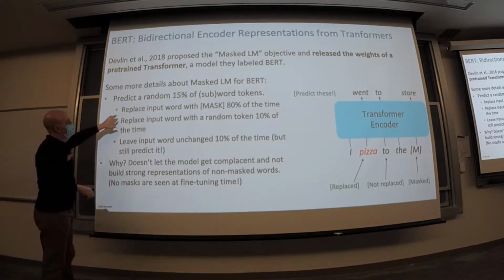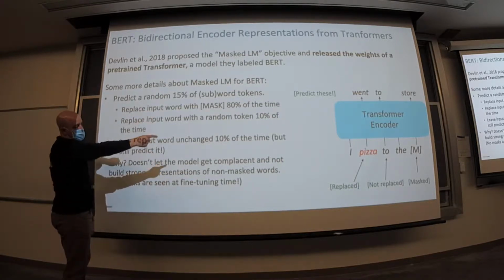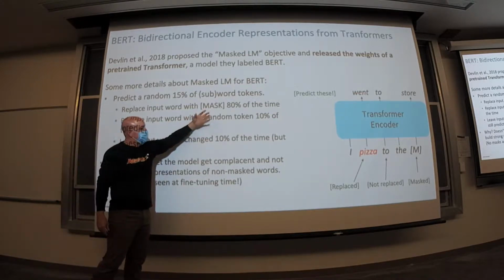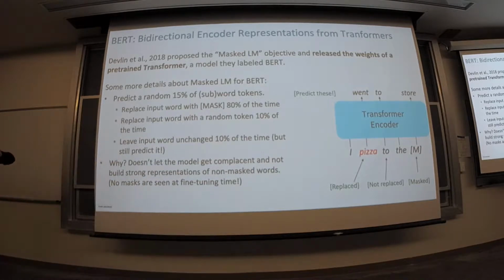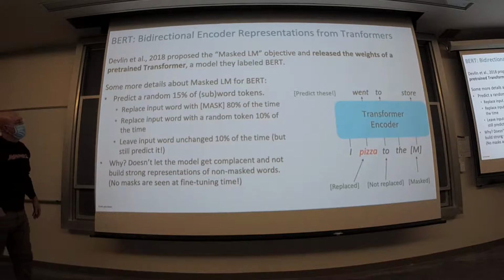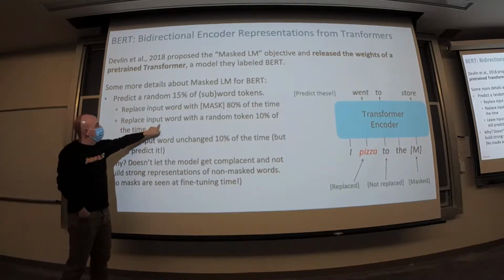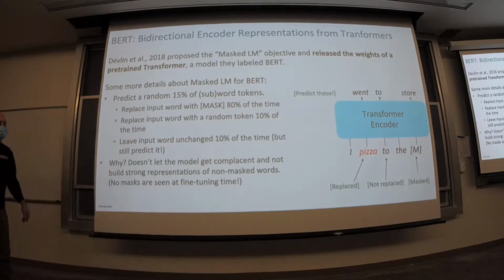So you're going to do things like replace one of the tokens with an additional mask token, so you're basically masking it out. You're saying you can't know what's here anymore. Other times you replace it with a random token, a totally wrong token.